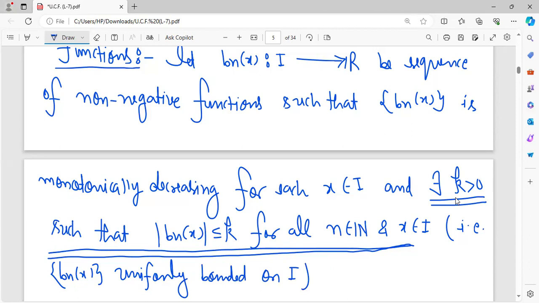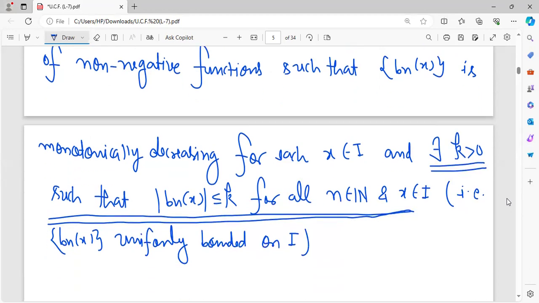There exists k greater than 0 such that the absolute value of Bn(x) is less than or equal to k for all n belongs to N, x belongs to I. It means it is bounded independent of whichever n or x you take. So uniformly bounded.